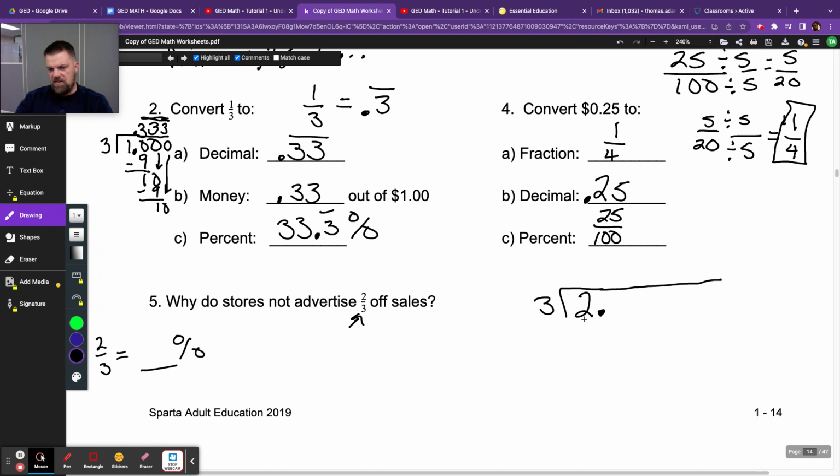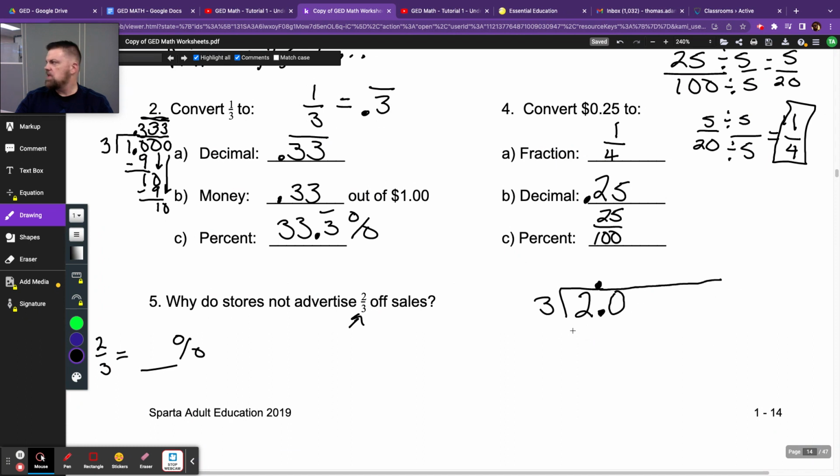Does 3 divide evenly into 2? No. So I add a 0. Can I do that? Yep. Does 3 go into 20? Yeah. So when I put the decimal here and I add the 0, I got to put a decimal here.